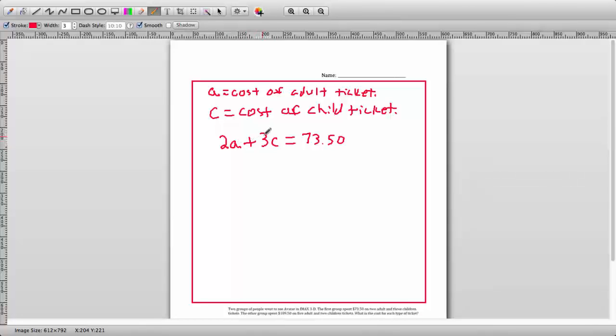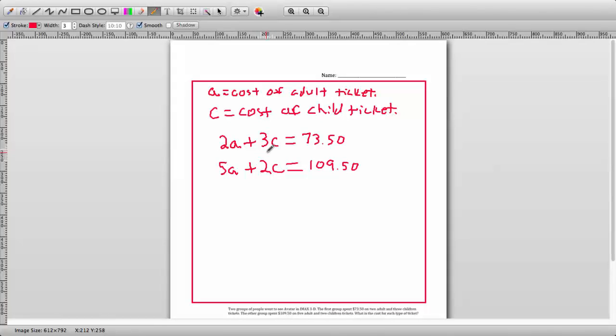Secondly, the other group, 5 adults and 2 children spent $109.50.